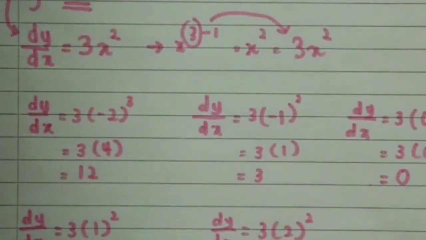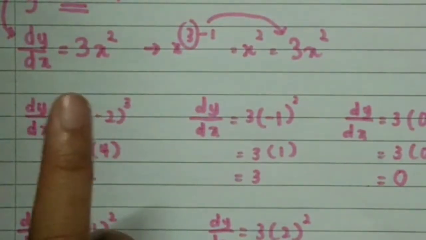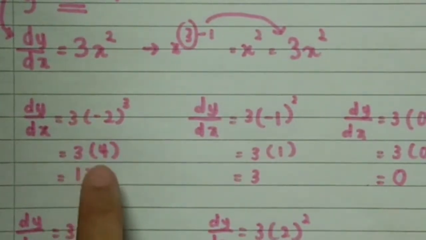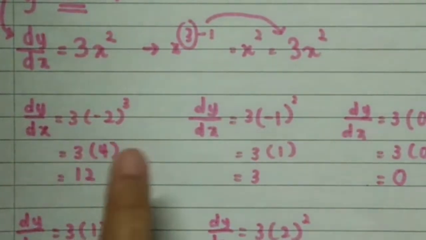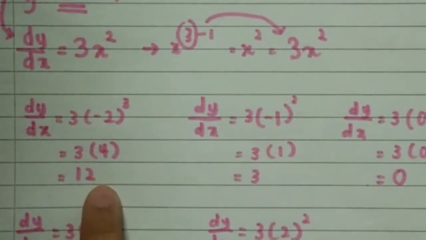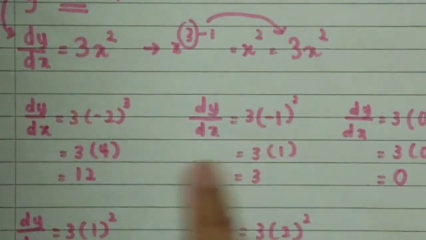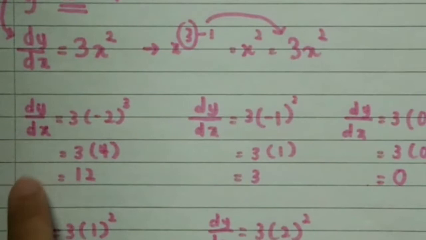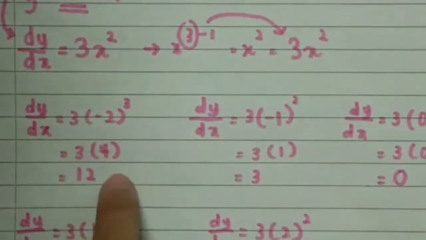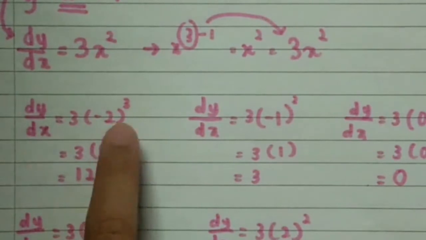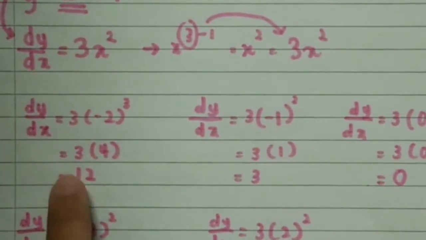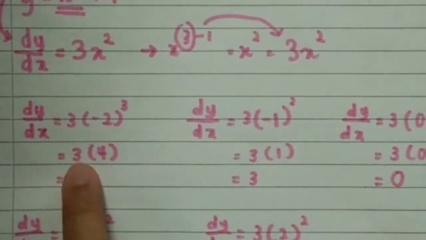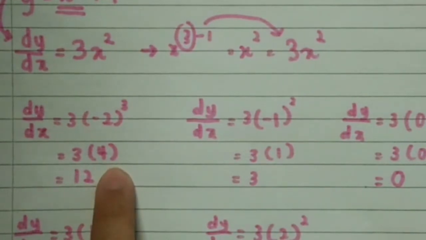So after we have changed to the formula dy over dx, we just substitute the x in x squared with -2, which is the x coordinate of point P. Then dy over dx equals 3 in bracket -2 squared, and the 3 will be multiplied by 4 and we get 12.